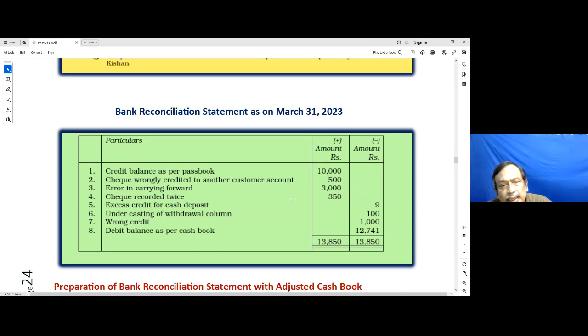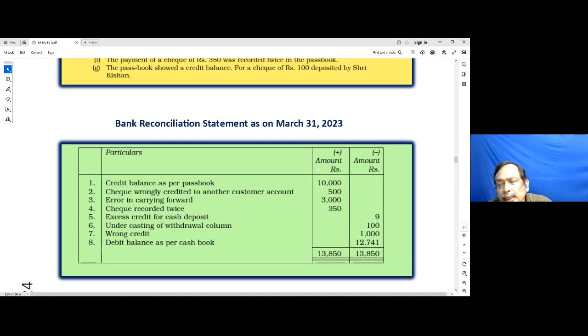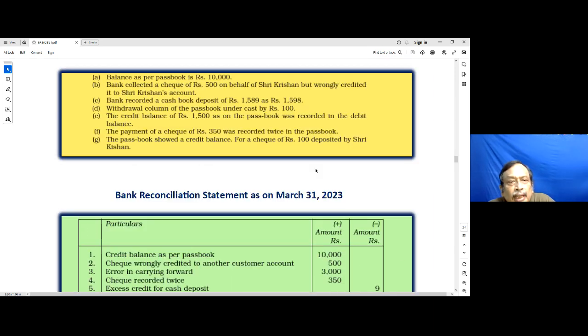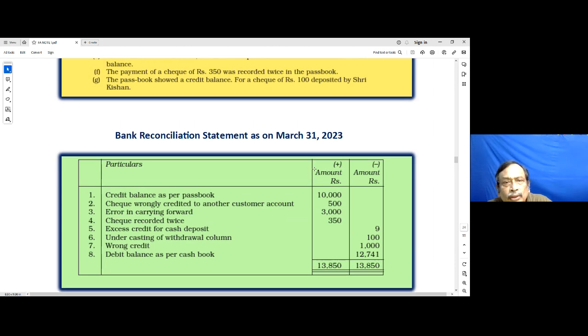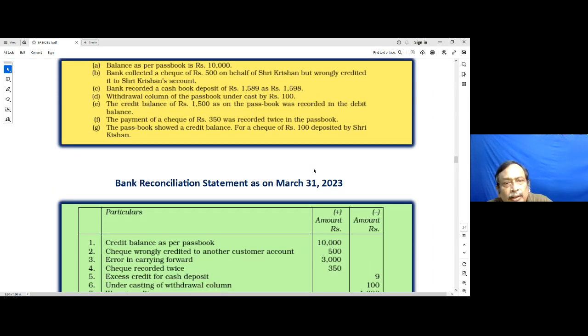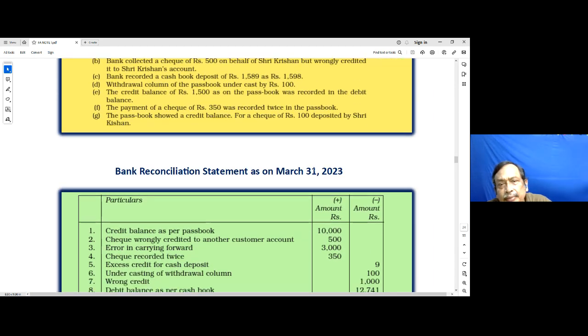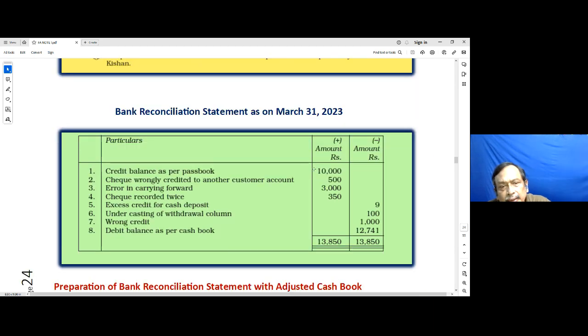So definitely check recorded twice, it will be shown in plus column, that is bank balance as per passbook will be more. So check recorded twice, it will be shown in the plus column.